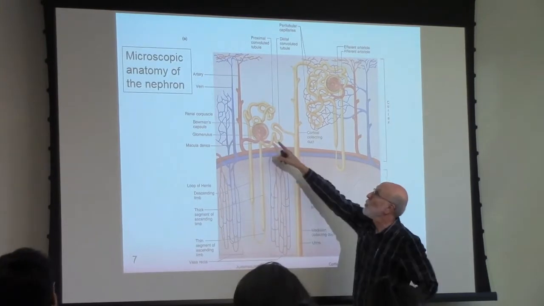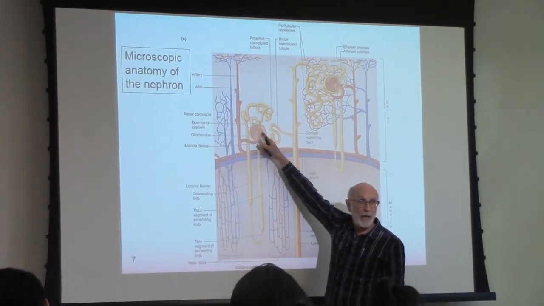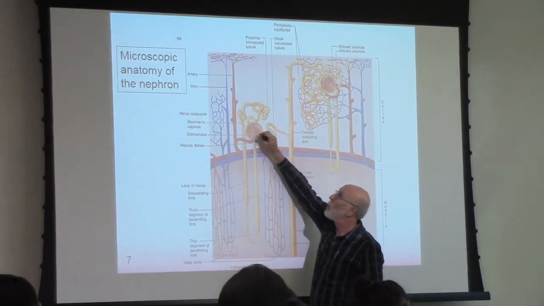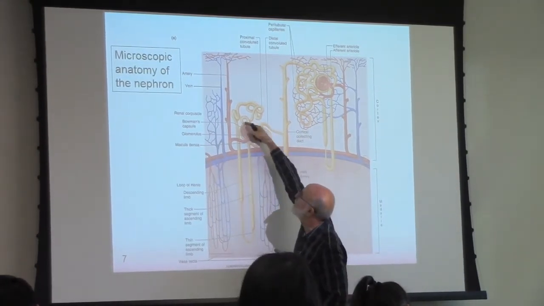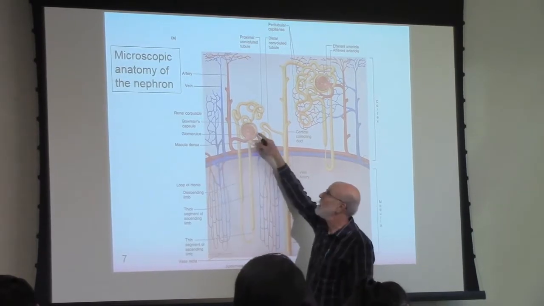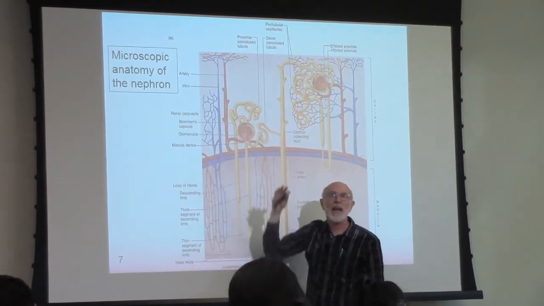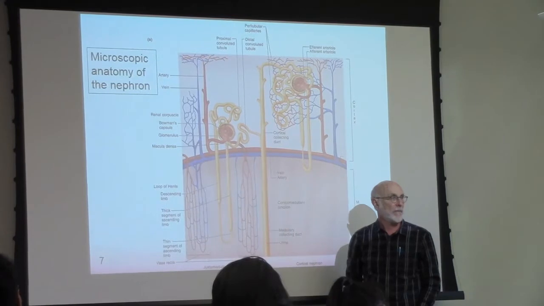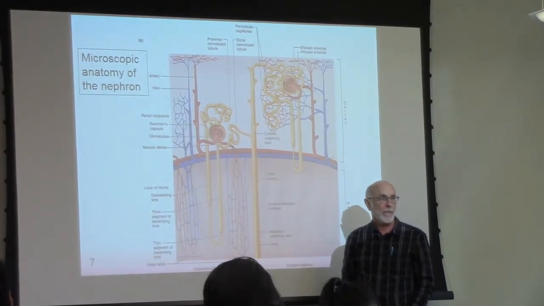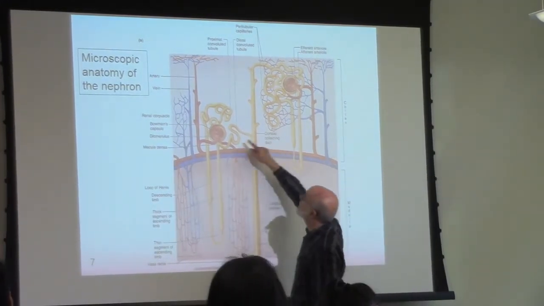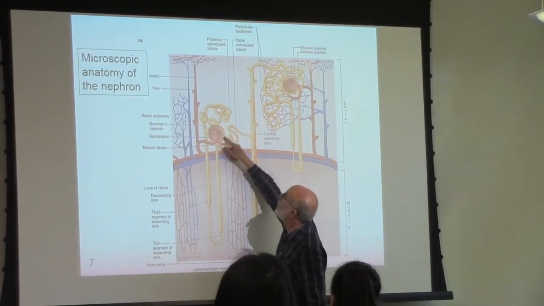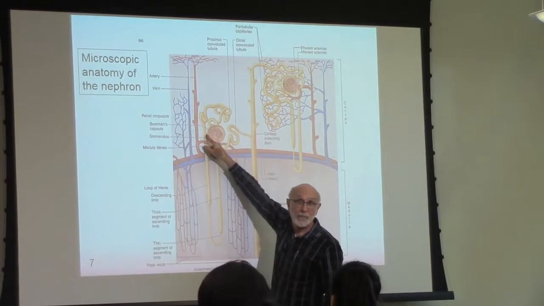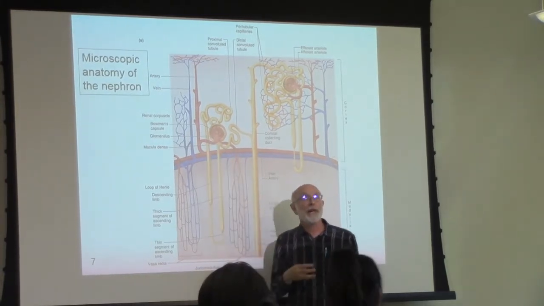Bowman's capsule surrounds the glomerular capillaries. What comes out of the glomerular capillaries is collected into a space between the glomerular capillaries and Bowman's capsule, and that space is called Bowman's space. That's where the filtrate first appears.